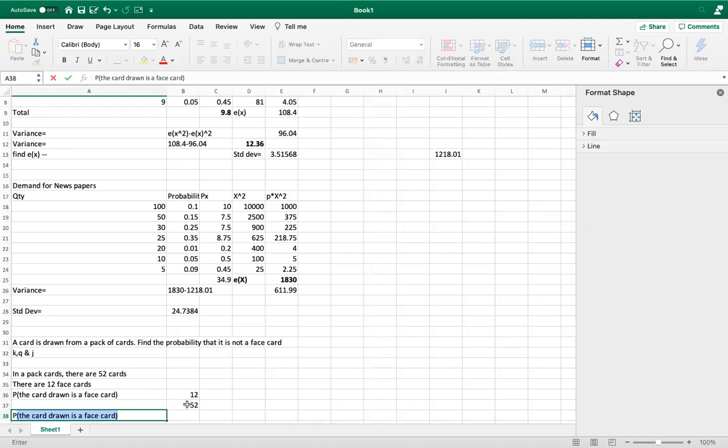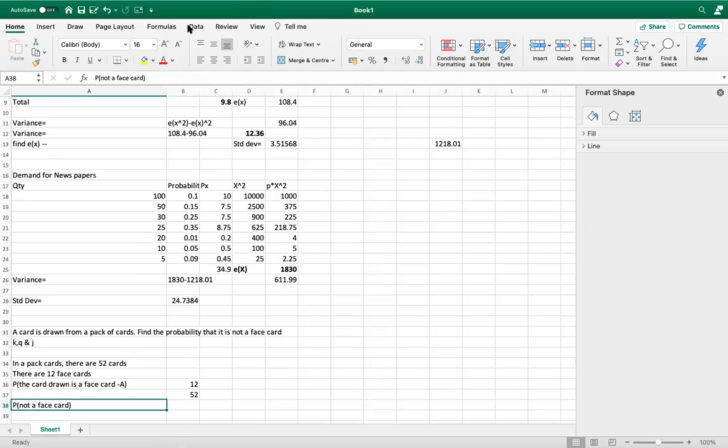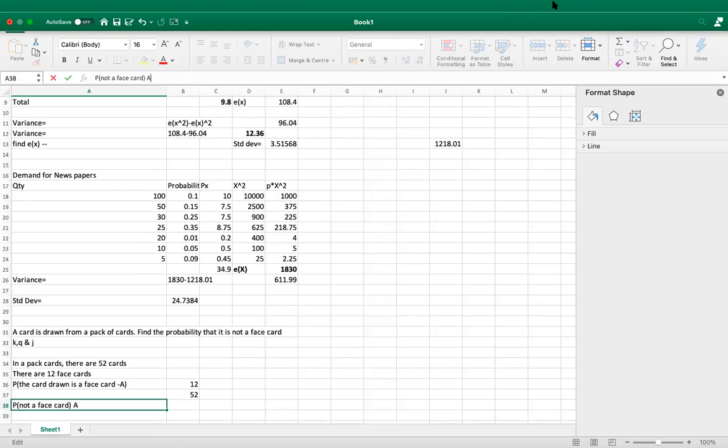Now, P of not a face card. Can I call this F? I call this F or A. The probability of it not being a face card is going to be F bar, or A bar.